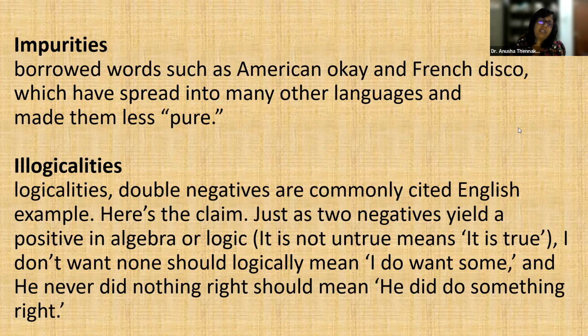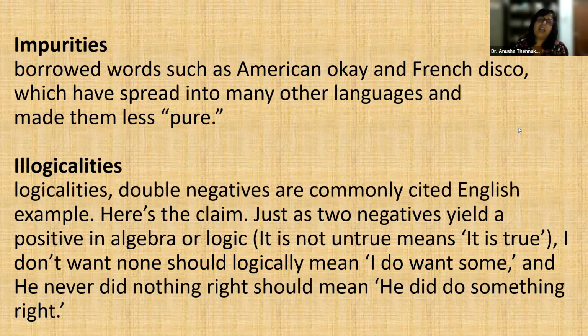In Sinhala we say something like rina rina dana. Okay, think of this sentence: it's not untrue. What is the meaning? It is true. I am not unwell. That means I am well.